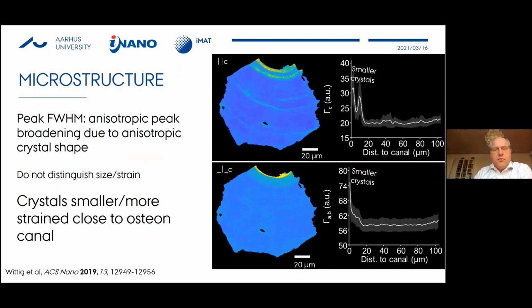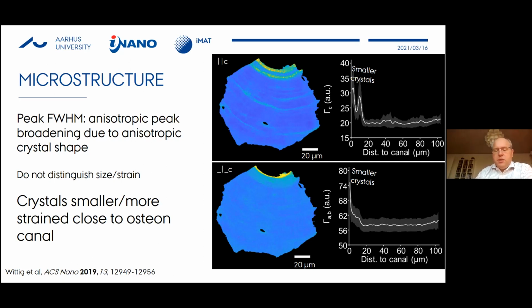So the crystals are not the same across. And most importantly, close to the osteon canal, we can see that the peak widths are broader than further away, which reflects the fact that the crystallites are smaller. So close to the osteon canal, the bone is different, with smaller crystals and a higher crystal concentration.